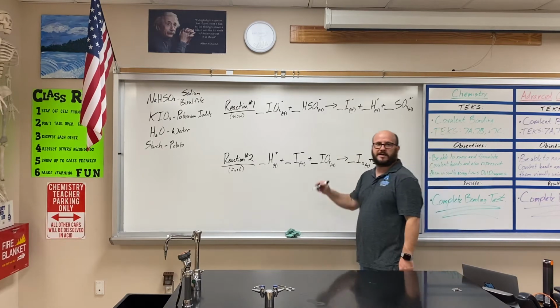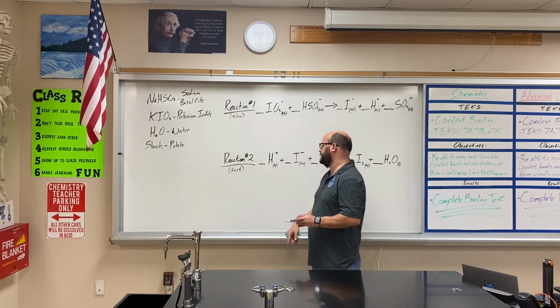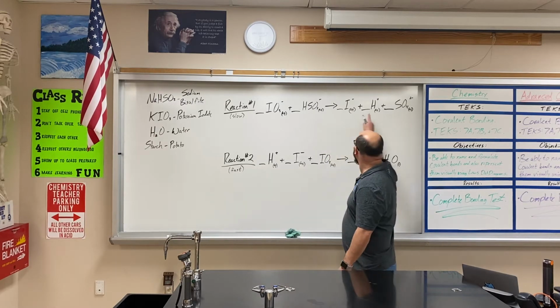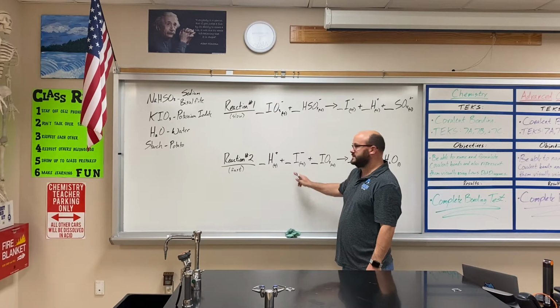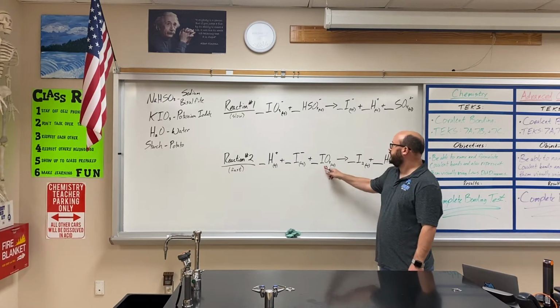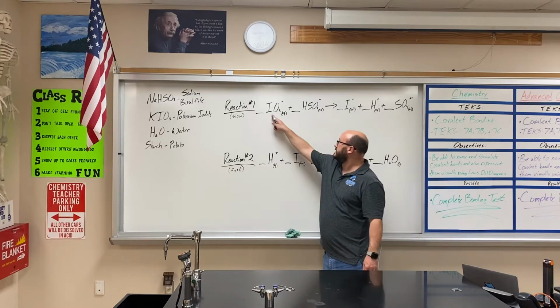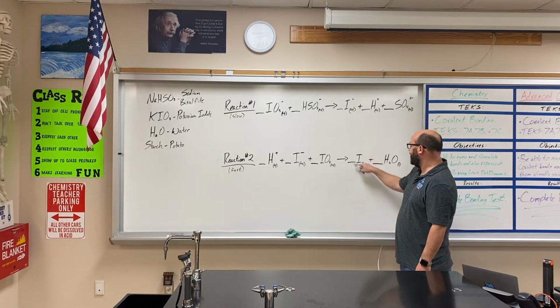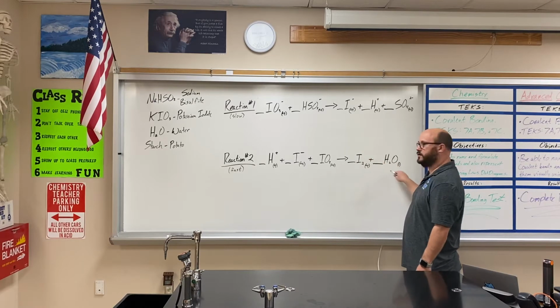That's the slow reaction. The fast reaction is down here at the bottom. It's hydrogen ions that are produced up here, plus the iodide ions, again, produced in that one, plus more of that iodate from the first reaction, produce iodide and water.